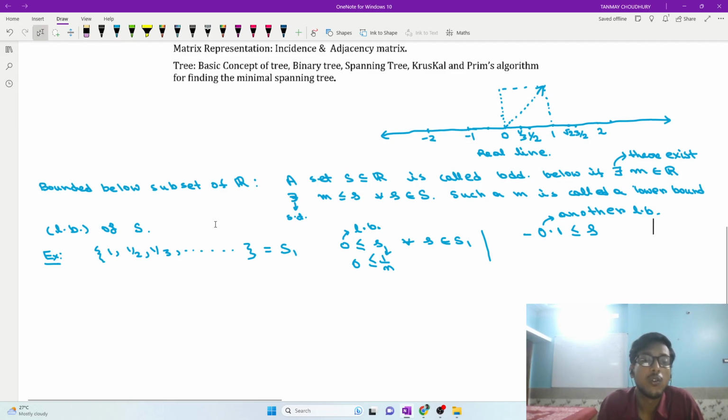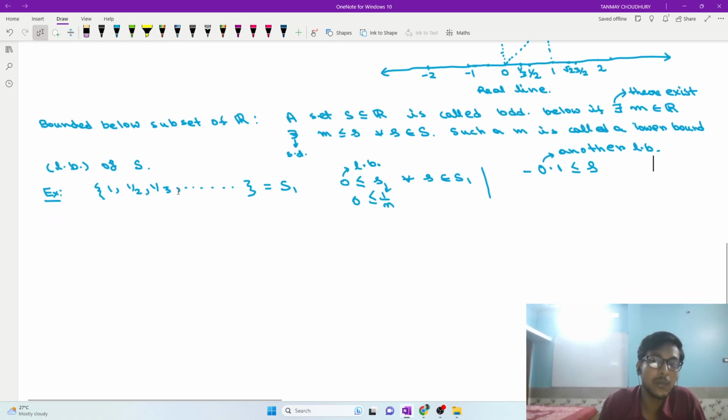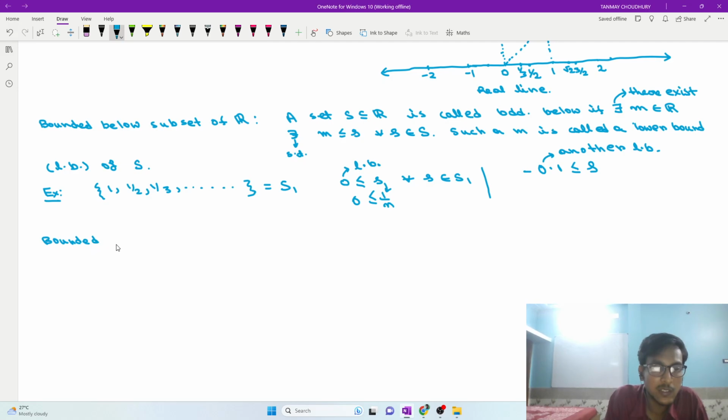That means when a set is bounded below, although to show that a set is bounded below we have to show that there exists at least one lower bound, eventually it will have infinitely many lower bounds. A similar concept is available for bounded above sets. So what is a bounded above set?